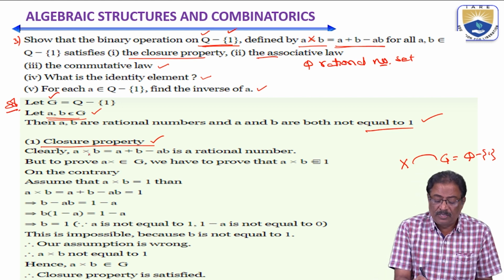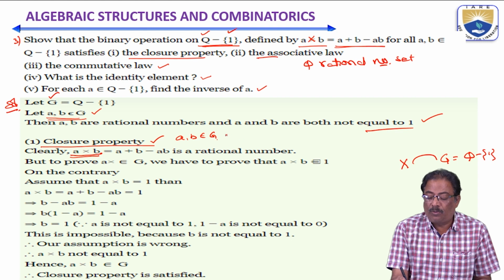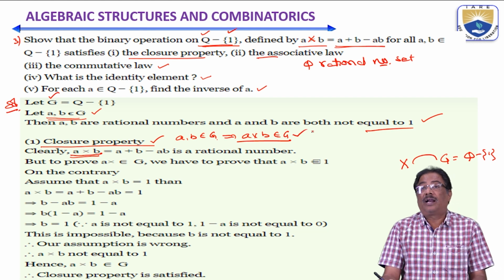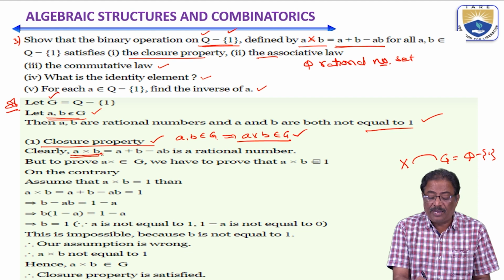Now let us go for the closure axiom. Let us consider a comma b belonging to G. Now we are going to prove that a into b belongs to G. Then we can say that G is closed under multiplication, under into. Here a into b is defined as a plus b minus ab.